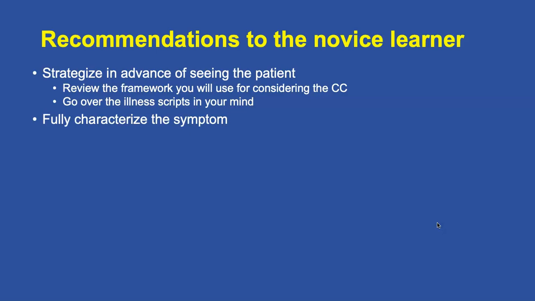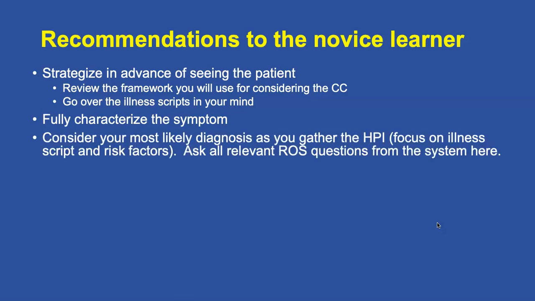After that, you ought to fully characterize the symptom when you see the patient. Consider your most likely diagnosis as you gather the history of present illness, focusing on illness scripts and risk factors. At this point, one of the things that you ought to do is ask the relevant review of systems questions from that particular system.